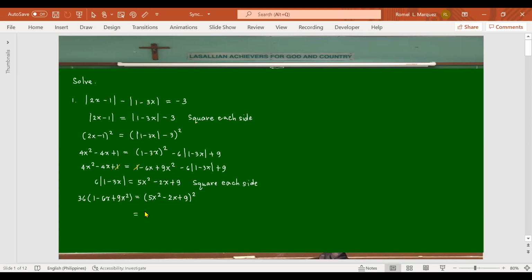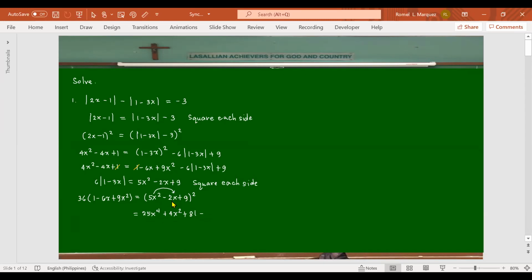So how to square a polynomial? Square the first term, plus square the second term, plus square the third term, then plus twice the product of every combination. Take the product, then double it.